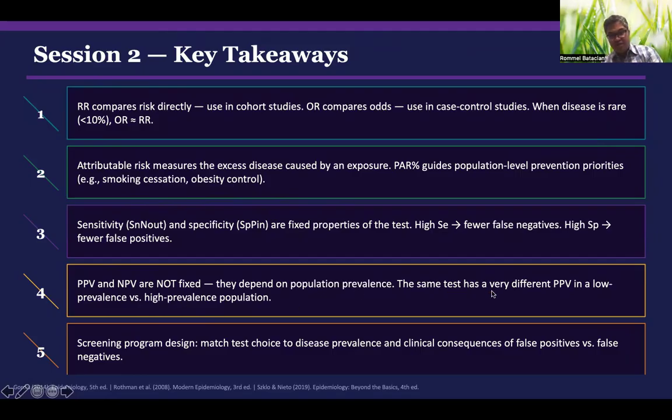The same test has a very different positive predictive value in a low prevalence against a high prevalence population. And finally, when you design a screening program, you match the test choice to the disease prevalence and the clinical consequences of the false positive and false negative results.